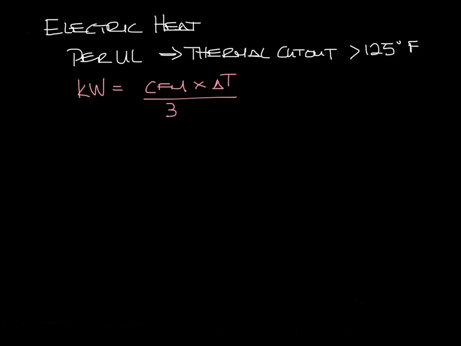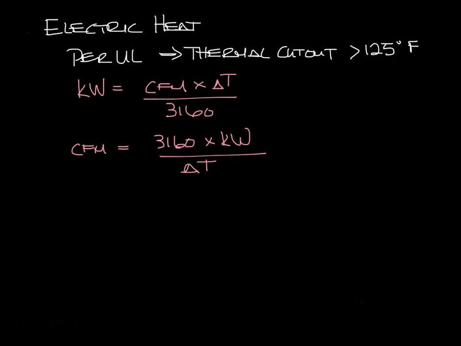If you exceed 125 degrees, the thermal cutout will shut off the heater. The equation for electric heat is kW equals CFM times delta T divided by 3160. Or if we solve for CFM, it's CFM equals 3160 times kW divided by delta T.